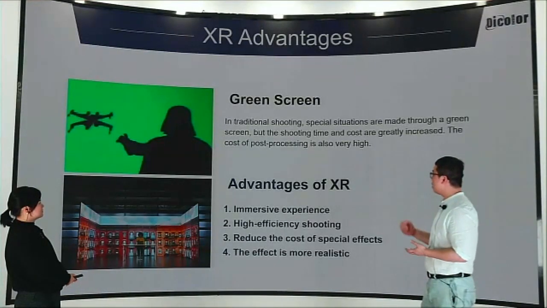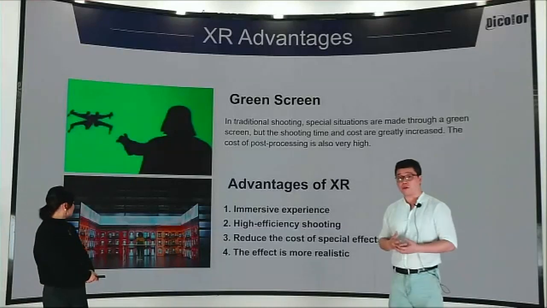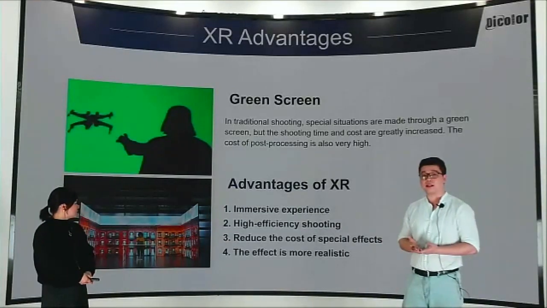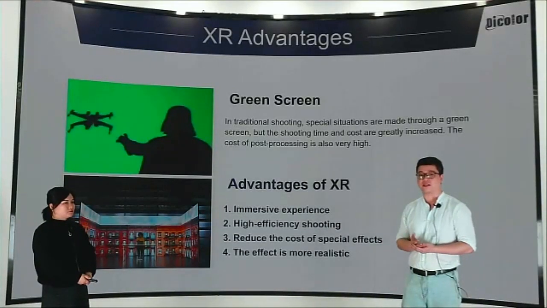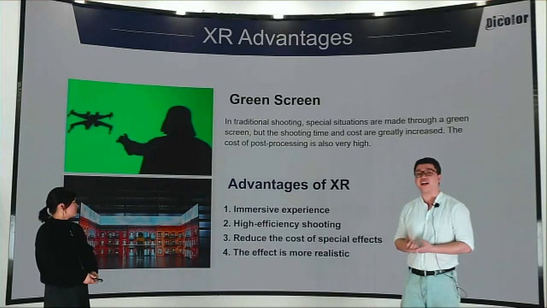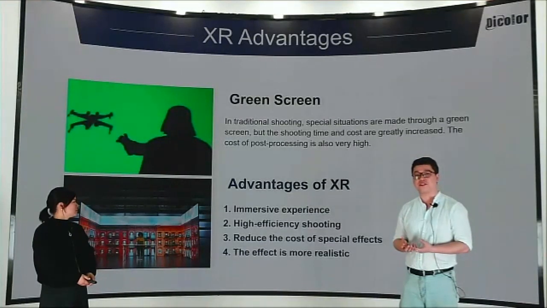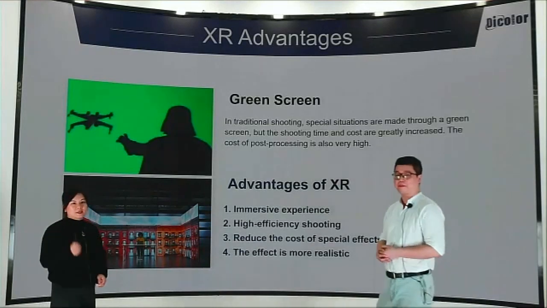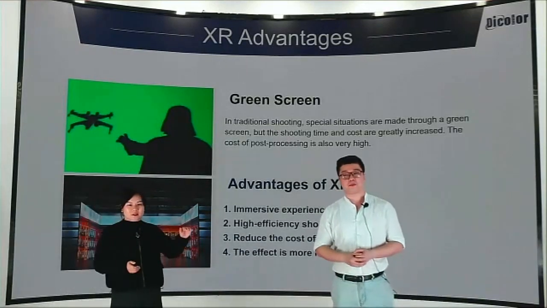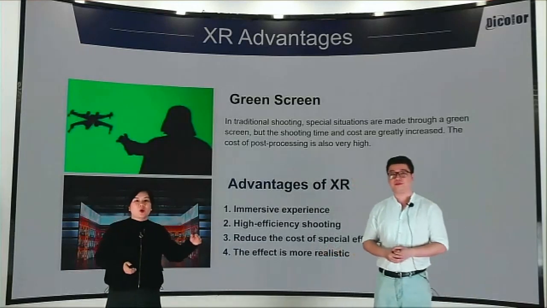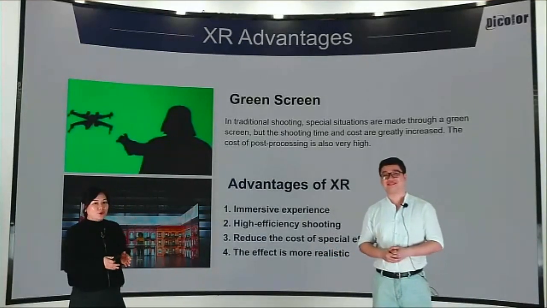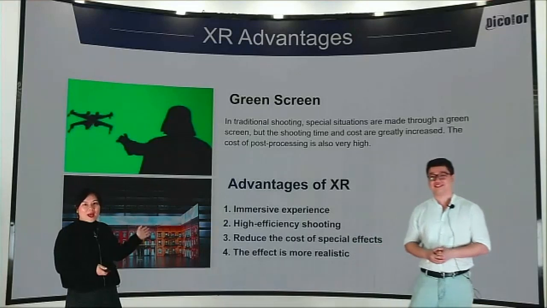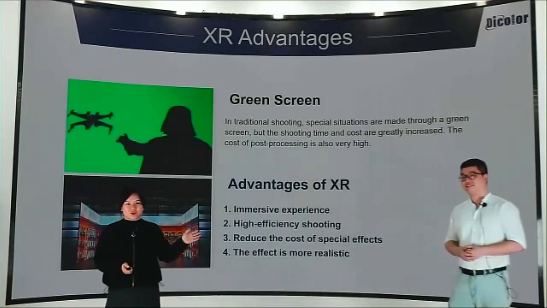The advantages of XR are 4 points. The first is the immersive experience. The second is high efficiency shooting. The third is reduced cost of special effects. The fourth is that the effect is more realistic. In the next explanations, we are going to tell you why those 4 advantages.